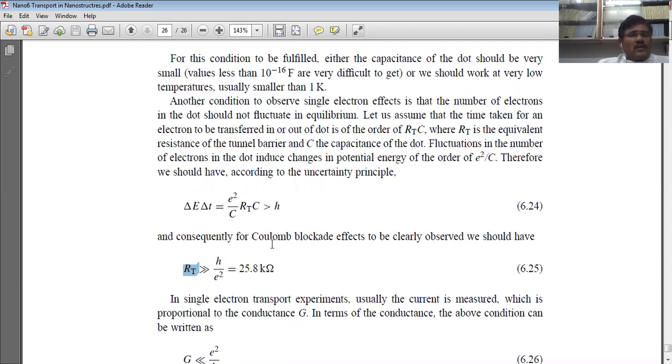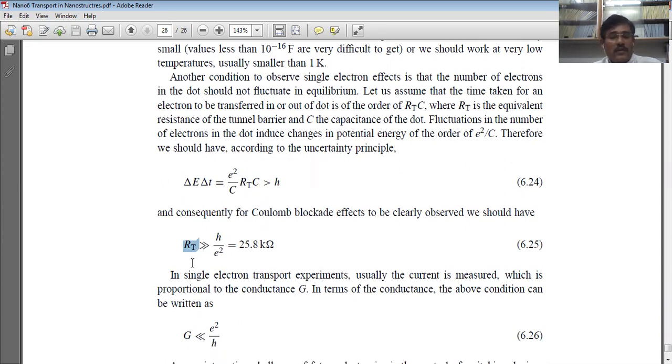So there are a number of points to note. What should be the value of the energy we are applying? What should be the resistance of the tunnel barrier? Depending upon that, all these values are dependent to observe the Coulomb blockade, and the resistance has to be greater than h by e squared, which is 25.8 kilo ohm.